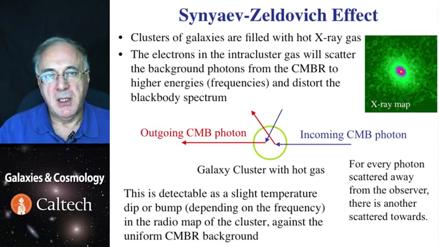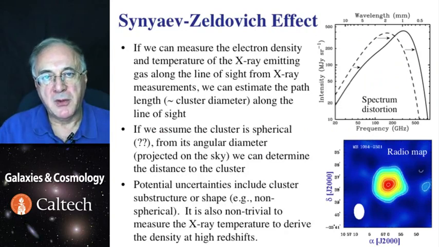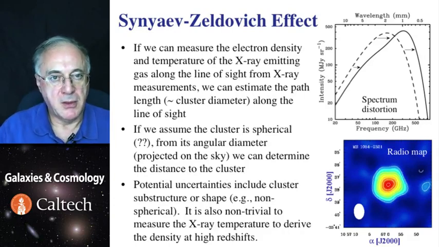So essentially what you'll see on the microwave background sky is a bump that corresponds to this X-ray cloud. And the entire spectrum of the cosmic microwave background will be shifted towards somewhat higher energies. By measuring that shift, we can find out how long the path was, because the longer the path along the line of sight, the more chances the photons have to be scattered.